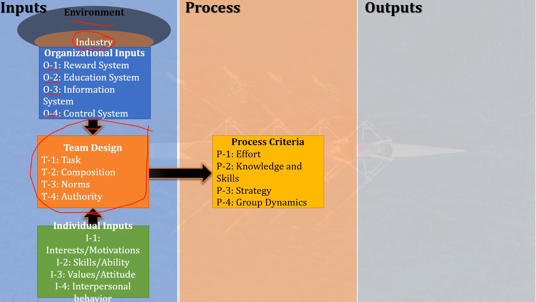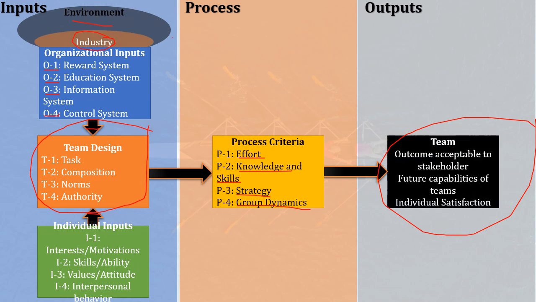Now making use of this team, each member puts in efforts, makes use of the knowledge and skills that they have, plans a strategy, and works as a group in order to achieve this particular outcome. I just hope things are clear.